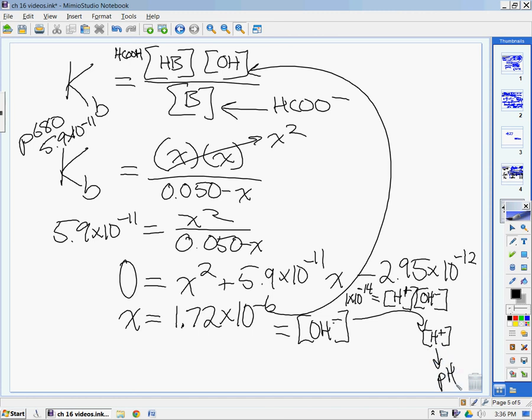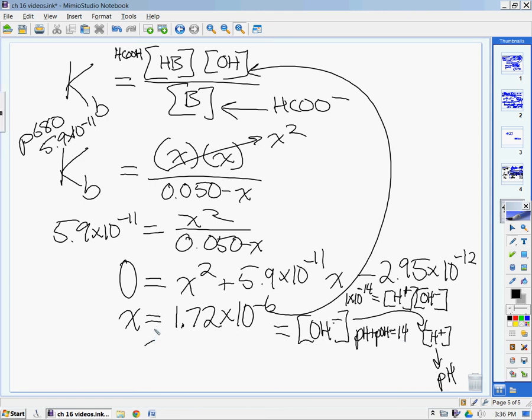All right, that's not the way I'm going to choose to do it. I actually just want to find pOH, because I know that an even easier equation is that pH plus pOH is equal to 14. So if I just take the negative log of this number, I'm going to get the pOH.